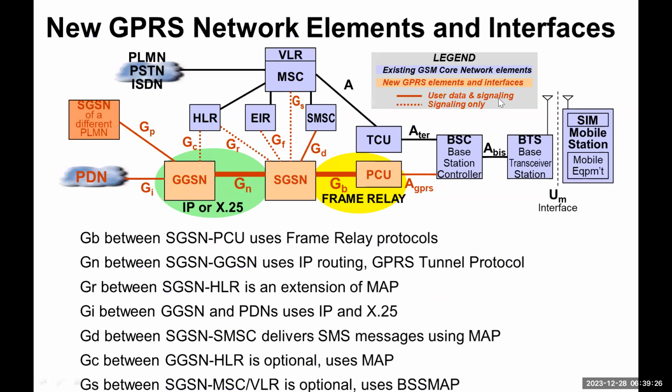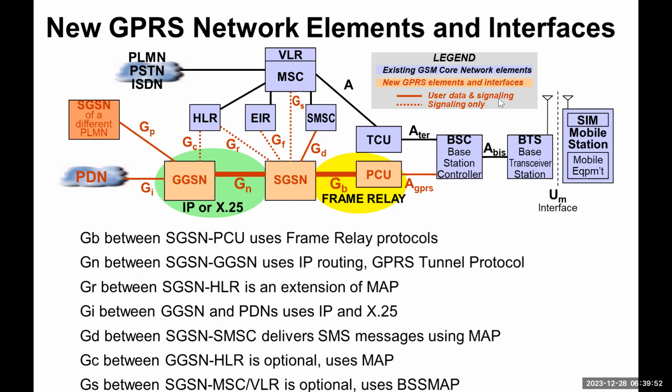Here, some more details are shown in this slide. The different interfaces between the different nodes. We can see here the new GPRS network elements are the GGSN, Gateway GPRS Support Node, the SGSN, Serving GPRS Support Node, and the PCU.